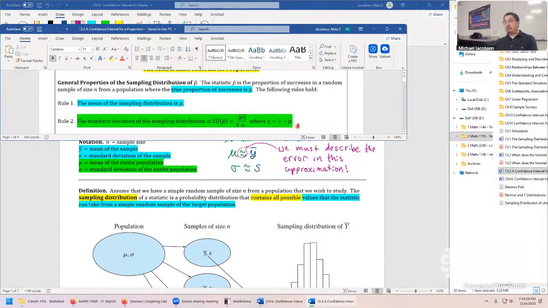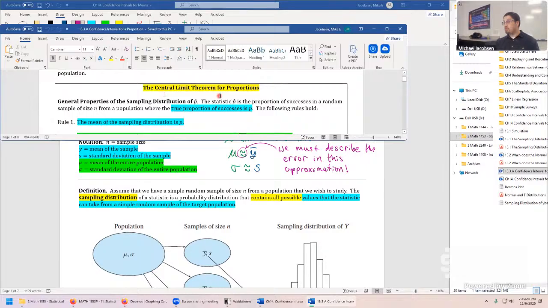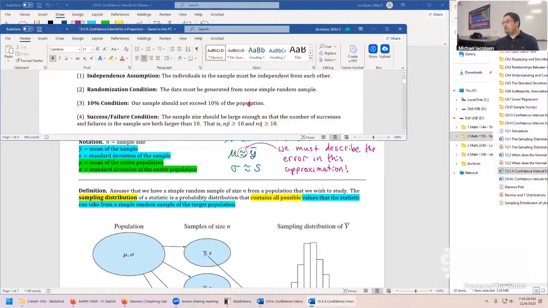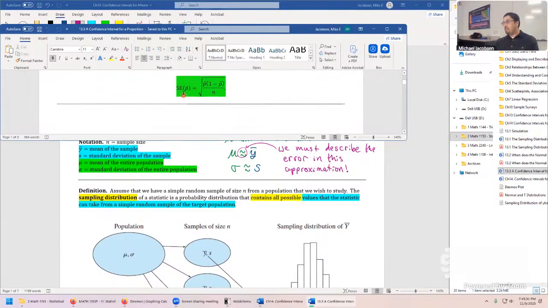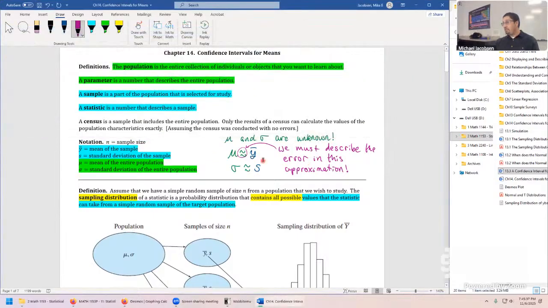It's P times 1 minus P. There's really just one parameter in this family of distributions. That's why when you estimate with p hat, you're estimating two things: the standard deviation at the same time as the center. This is different though. There are two parameters, and this is going to make it more complicated for us, but it still starts off in the same way.